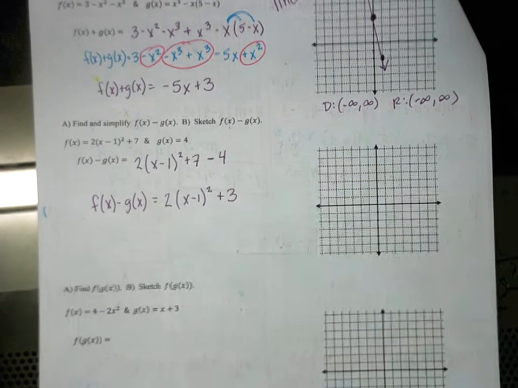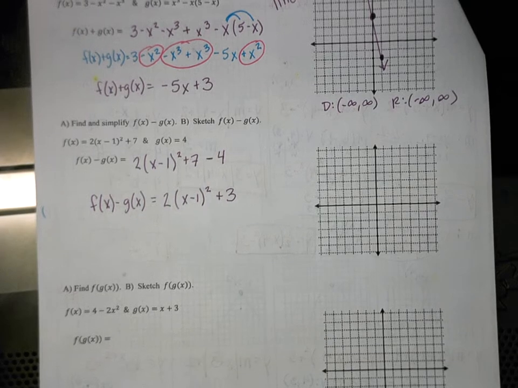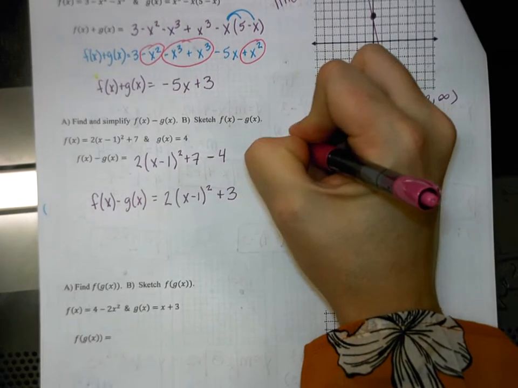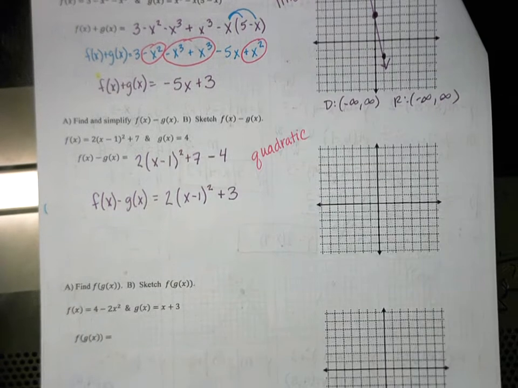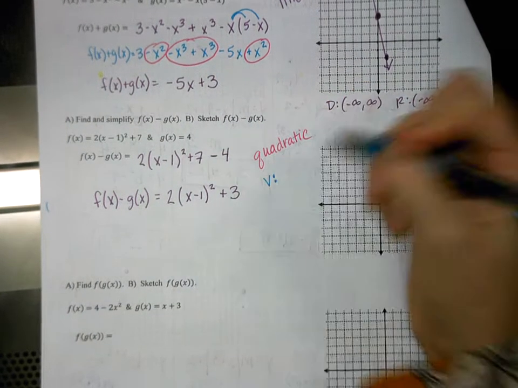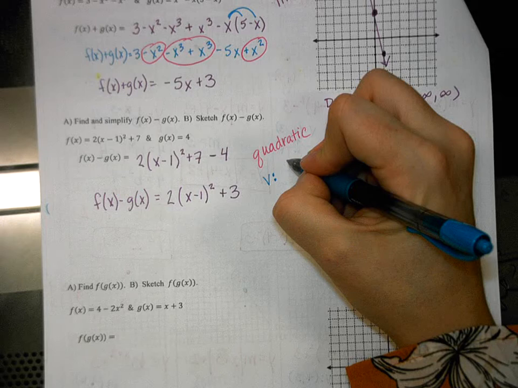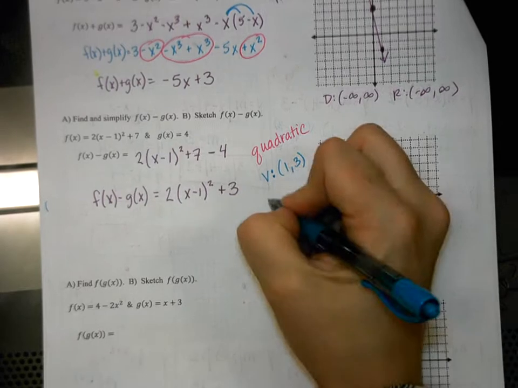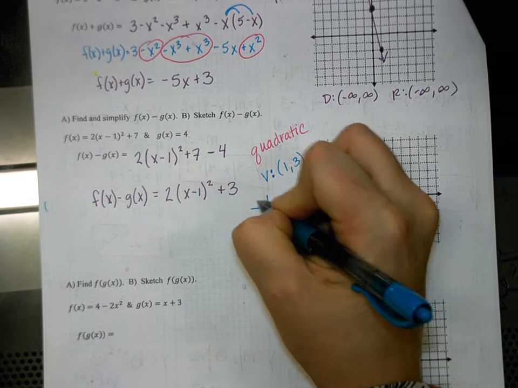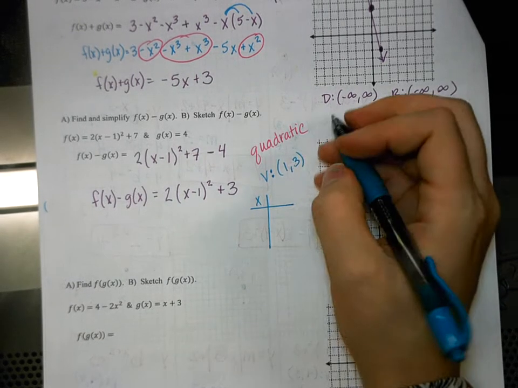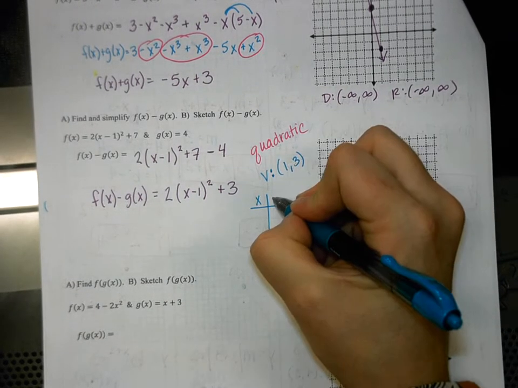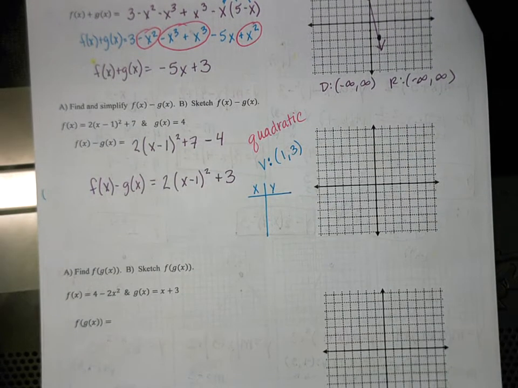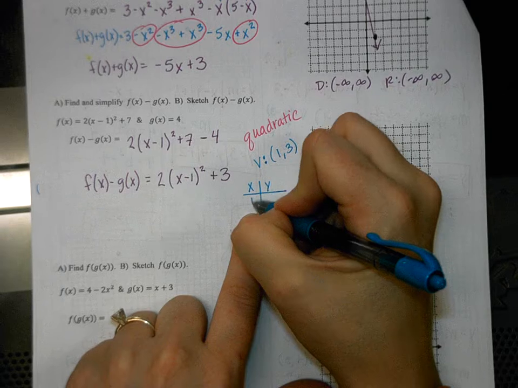What type of function is this? Quadratic. Very good. What is my vertex? 1, 3. Good. Okay, so I already know the 1 and the 3 from my vertex, so I'm going to plot that.